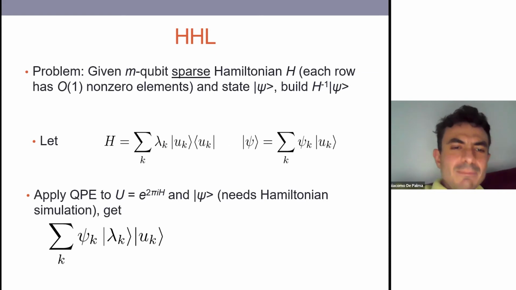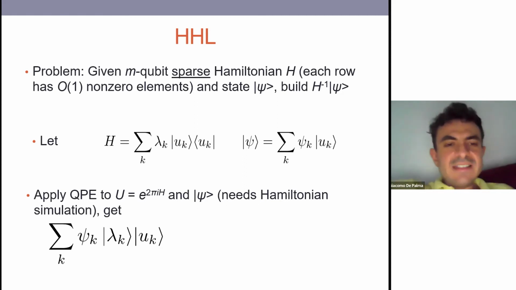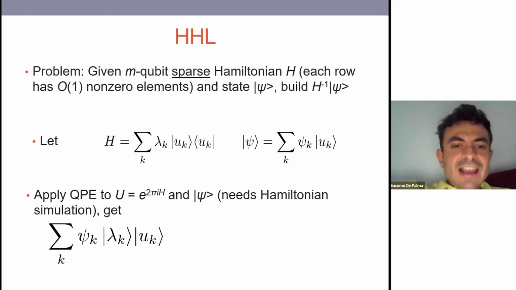So what happens? In principle, I described quantum phase estimation for the case where the vector is already an eigenvector of the unitary, but if we have a linear superposition of eigenvectors, since quantum phase estimation is a unitary operation, what we get is a linear superposition of what we get with a single eigenvector.